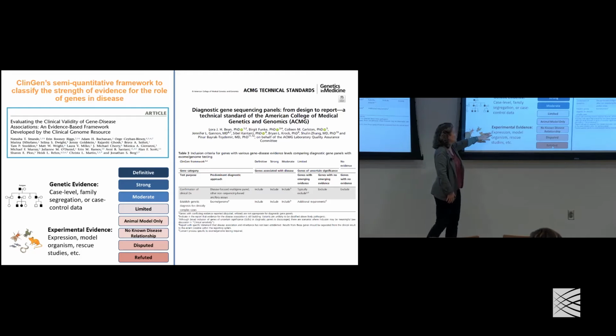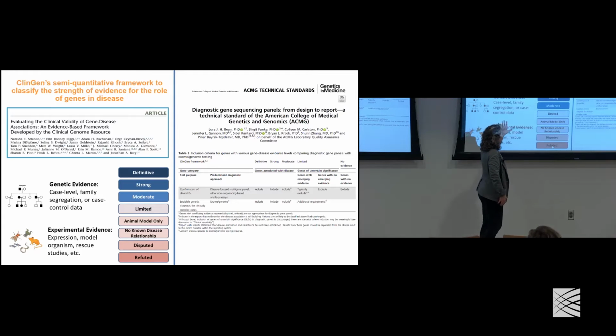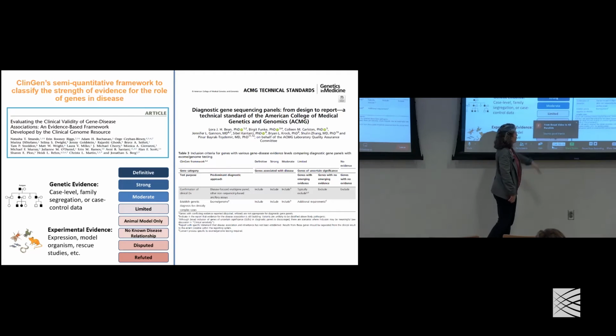We also look at experimental evidence, expression of the gene in specific tissues, model organisms, rescue studies of the function. And by aggregating that evidence together in a systematic, semi-quantitative approach that's been published in this paper, we then classify each gene with respect to a given disease according to these strength levels.